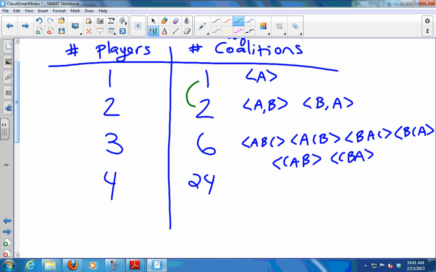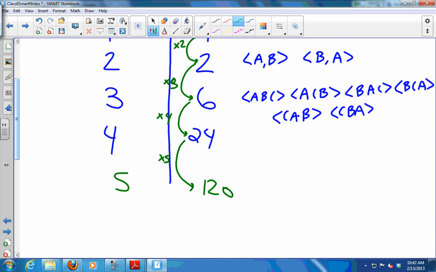So to get from 1 to 2, that was a multiplication by 2. To get from 2 to 6, that's a multiplication by 3. To get from 6 to 24, that's times 4. So times 2, times 3, times 4, we'll guess that this next one would be times 5. And 24 times 5 is 120. That is, in fact, correct. Yep.